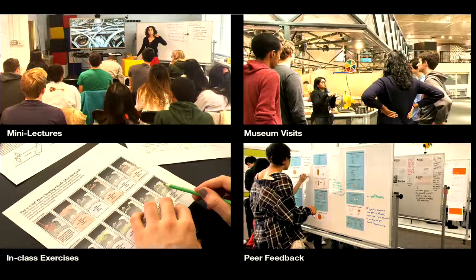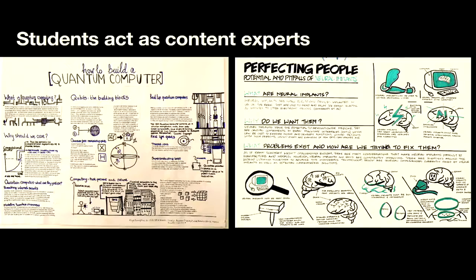We do this through a combination of different things. It's a very hands-on class, combining mini lectures, visits to museums and different organizations, in-class exercises, and peer feedback. But one of the most interesting parts of the class to me is that the students act as the content experts. I don't choose the topics, they choose the topics they want to work with.